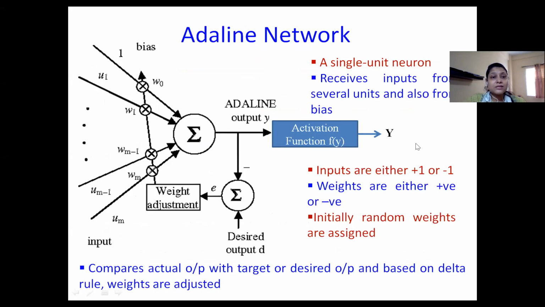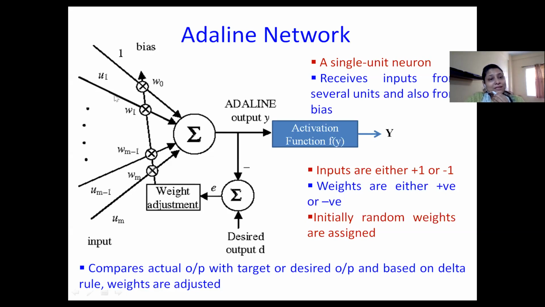Why? Because we have some standard inputs, starting from, let's say, x1 to xm, or it is u1 to um in this particular figure. We have one bias input as well, and you can see that every time this bias input is taken as the activation function of 1. That is why straight away 1 is being written here.